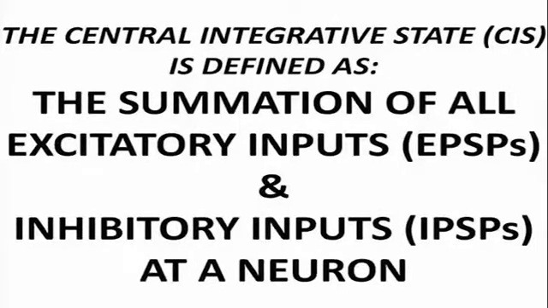So, here's the story. The central integrative system is defined as the summation of all excitatory inputs and inhibitory inputs. So we have, is it working or is it not working? If it's inhibited, then you have more negative, inhibitory inputs. And what we're looking for is, again, facilitation.